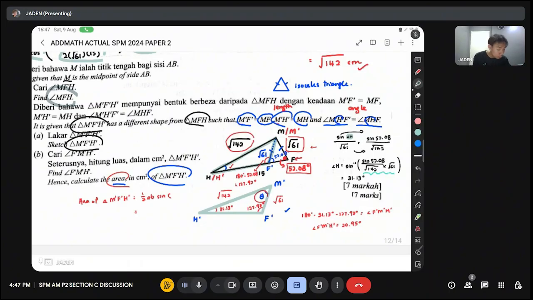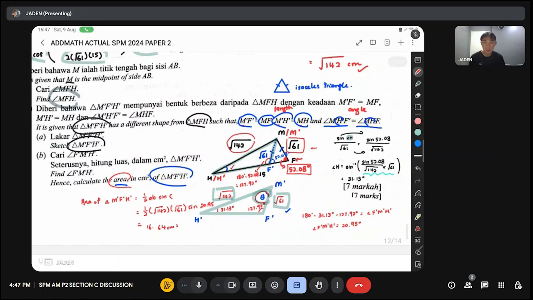For example, we chose √61 and √142, so the angle I use for sin C will be angle M prime. So this is 1 over 2 times √142 multiplied by √61, and then you continue with sin 20.95. From there, you get the area of this triangle, which is 16.64 cm squared. And that is how you get your full 10 marks for Form 4 Chapter 9.